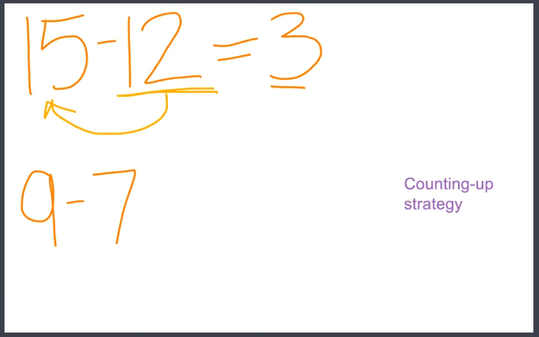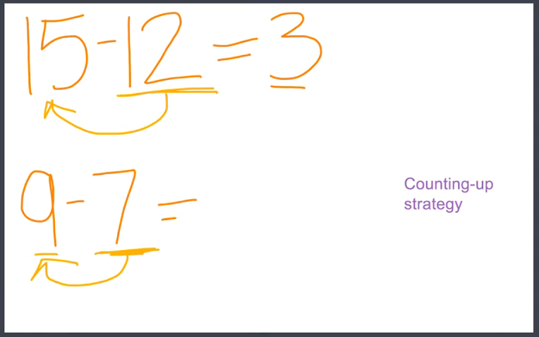Same thing down here, 9 and 7. These numbers are close together. It will be much easier to count up from 7, the smaller number, and stop at 9. Let's do it. 7, 8, 9.